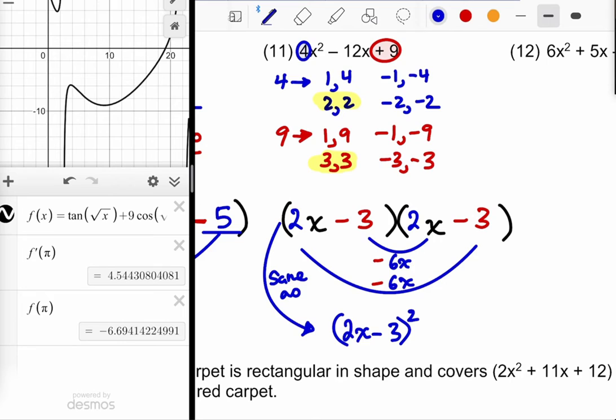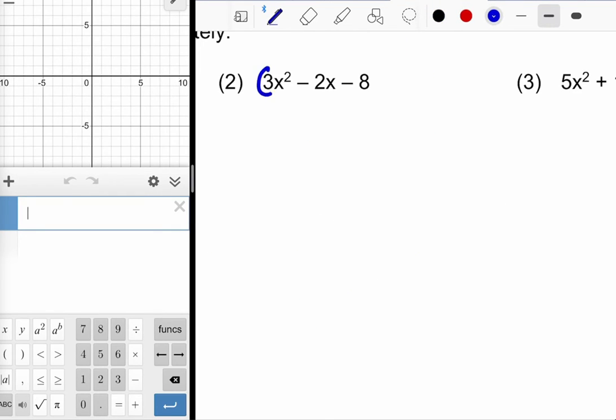All right. So let me start with the leading coefficient and its factors, 1 and 3, negative 1, negative 3. We look at the C value and its factors. All right.